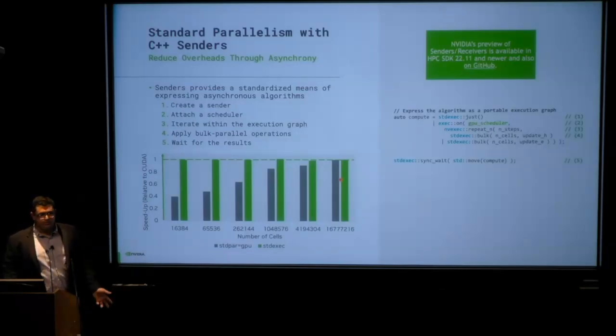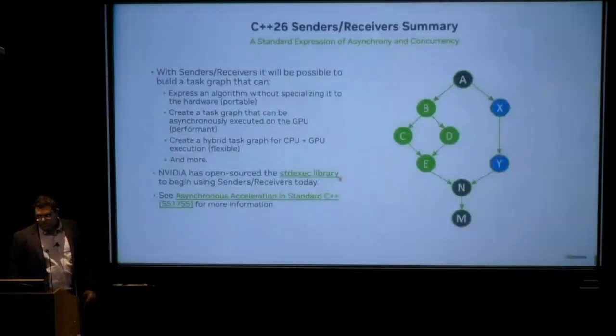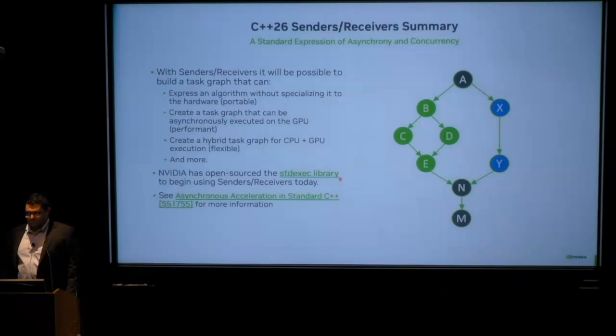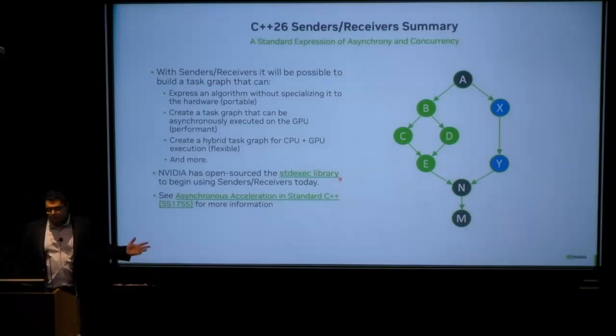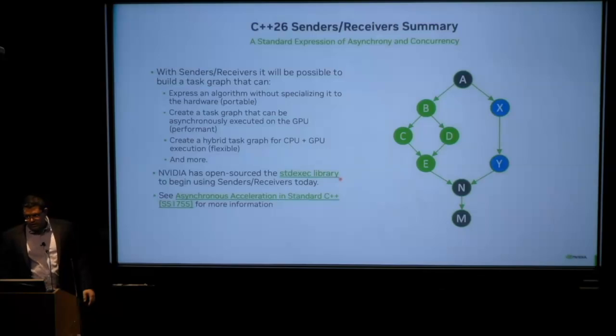There's actually preview support in our HPC SDK that you can use if you want to explore this a little further. Senders and receivers, as I highlighted a little earlier, unlock a ton of possibilities. You can write code once and build it to run on CPU or GPU, and you can already achieve this with what I showed so far. But senders and receivers is a standardized way to make things asynchronous, and that has a lot of advantages for performance.